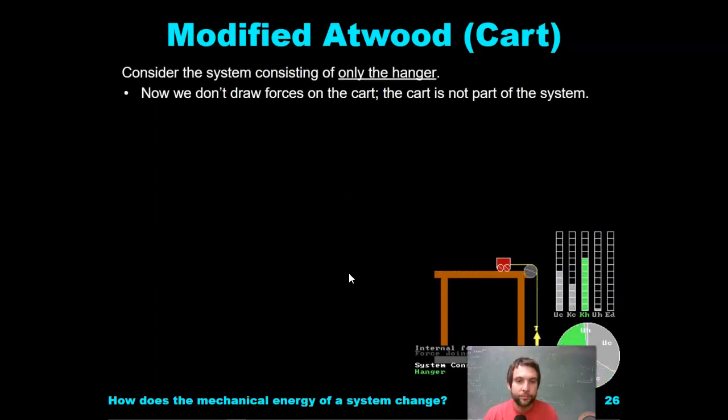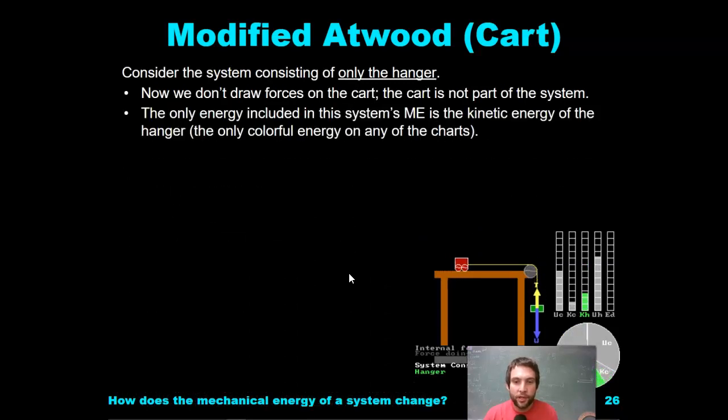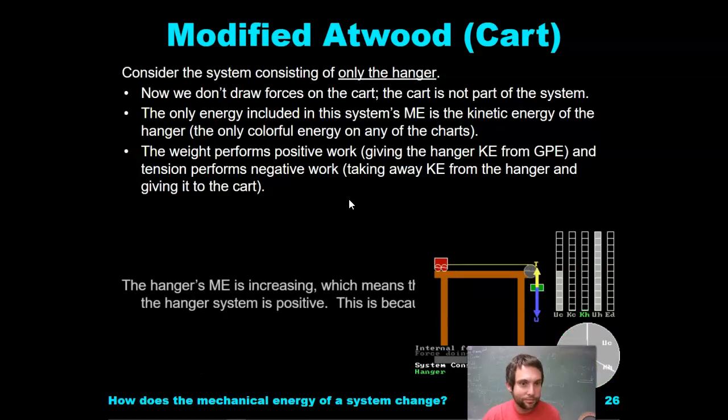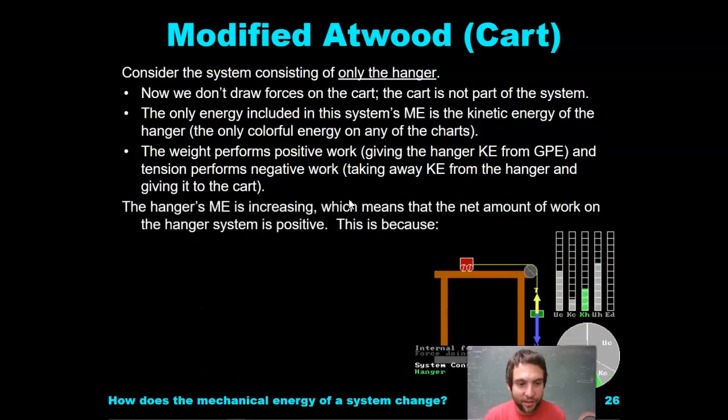Now only the hanger. So now we have the kinetic energy of the hanger. Weight force performs positive work and tension performs negative work, which I think you know why now. I hope it's starting to click. The hanger's mechanical energy is increasing, which means that the net amount of work on the hanger is positive.